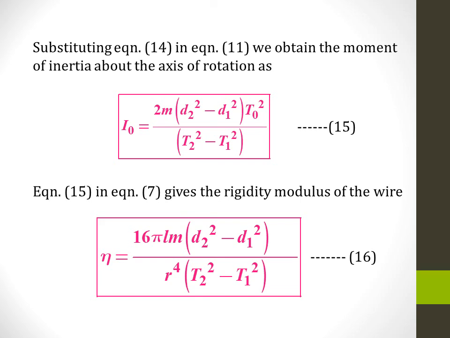In order to obtain another expression for the rigidity modulus of the material of the wire, we now substitute equation 15 in the original equation 7 and we obtain finally the rigidity modulus of the material of the wire to be eta is equal to 16 pi l m d2 square minus d1 square divided by r power 4 times T2 square minus T1 square.